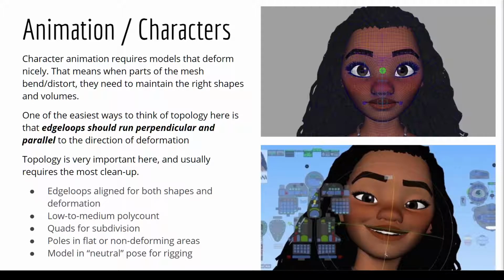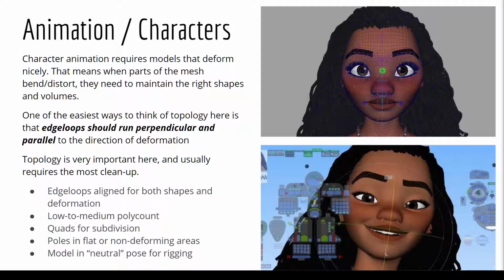So guidelines for modeling for animation and characters, you want to really be focusing on topology. This isn't just so that your shapes look good in the neutral pose, but you have to consider how your model is going to have to perform and bend and deform and change shape, and also how it might have to do facial expressions, right?